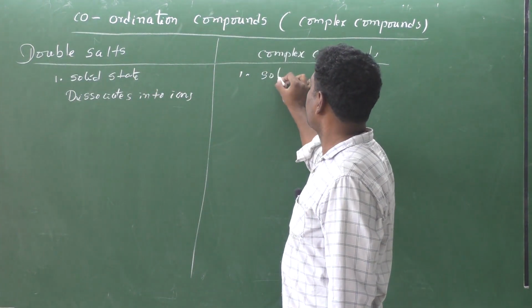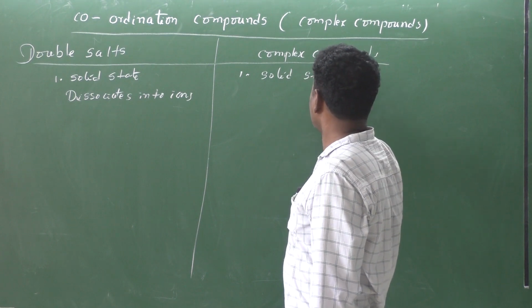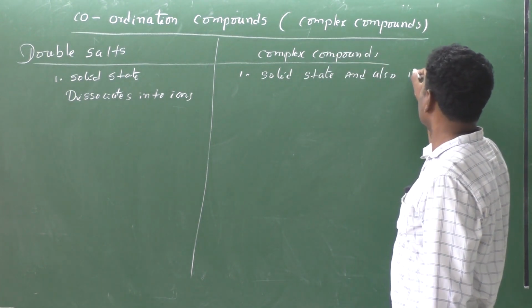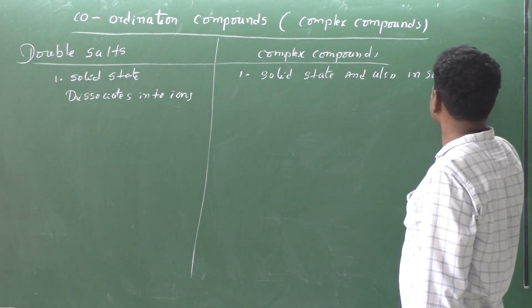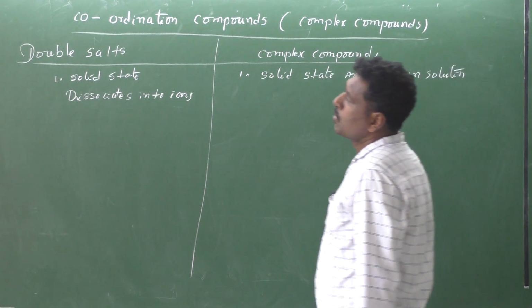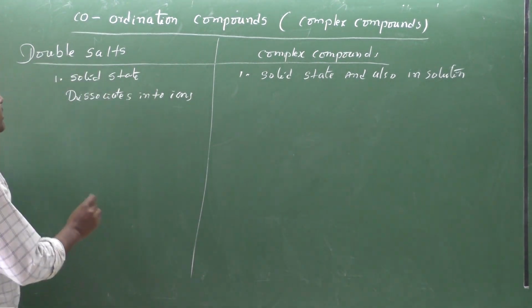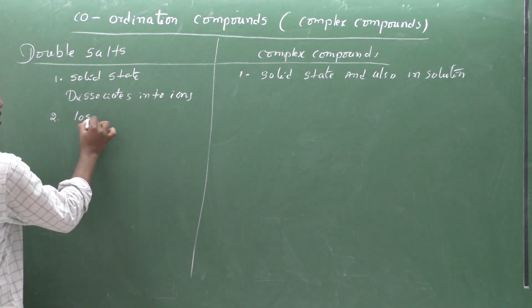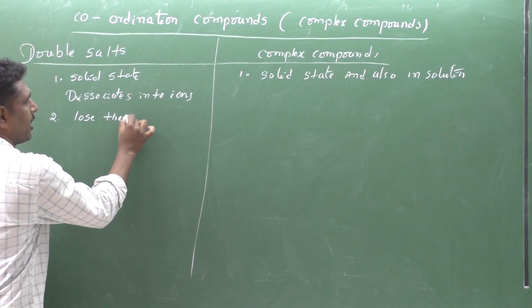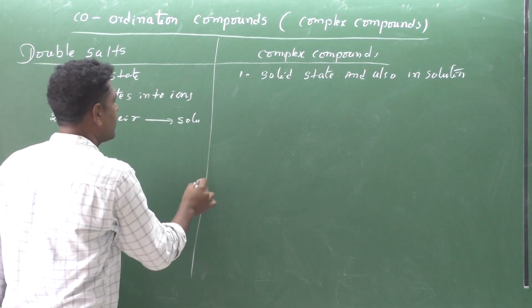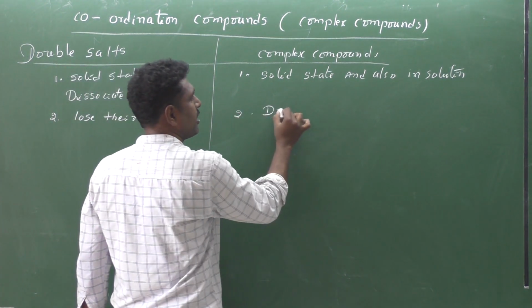Next, double salts lose their identity in solution, but complex compounds do not lose their identity.